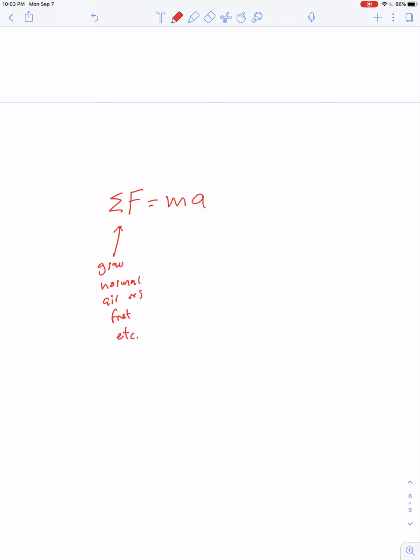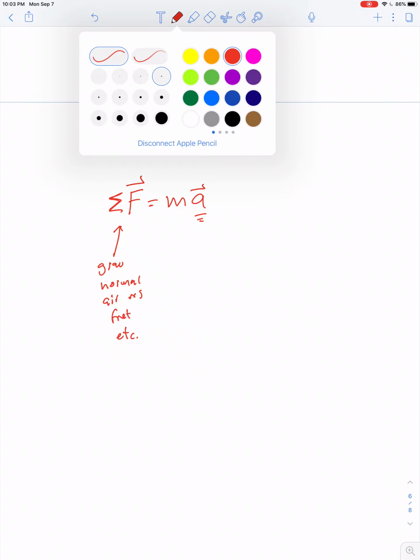The list goes on. And we have to find a way to combine all the forces together if we want to know the acceleration. But the forces don't combine as simple scalar math. Combining the forces is an exercise in vector mathematics. And then lastly, this is still a little too simplified.